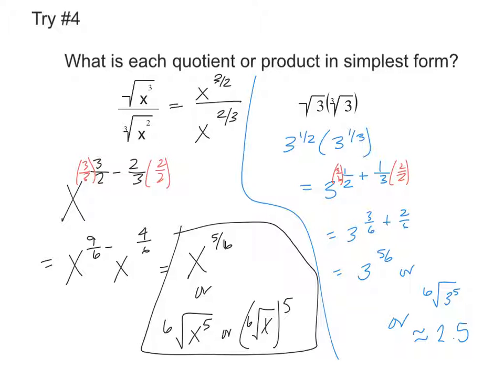All right, so again, either you can write it as 3 to the 5/6, or the 6th root of 3 to the 5th, or about 2.5. Preferably, I would like one of the first two answers.